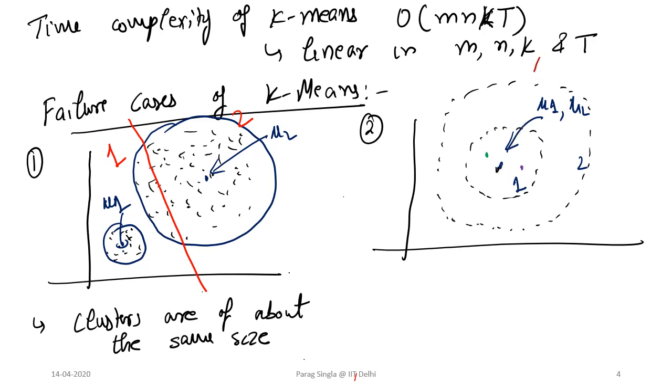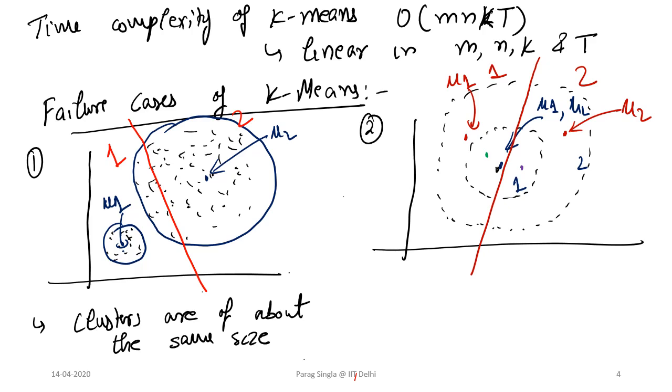It will converge to a division of this space into two halves, where this is cluster 1 and this is cluster 2, and this probably will be your mu1, and this will be your mu2, starting from these green and the purple dots.